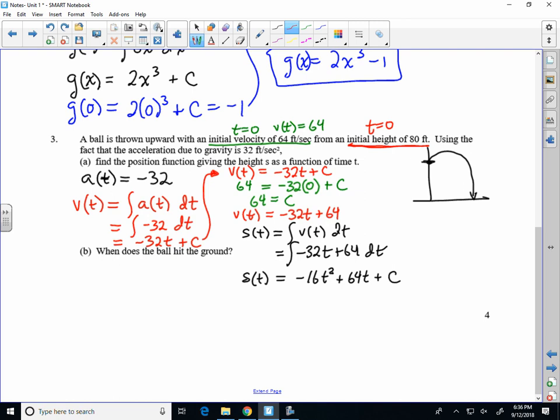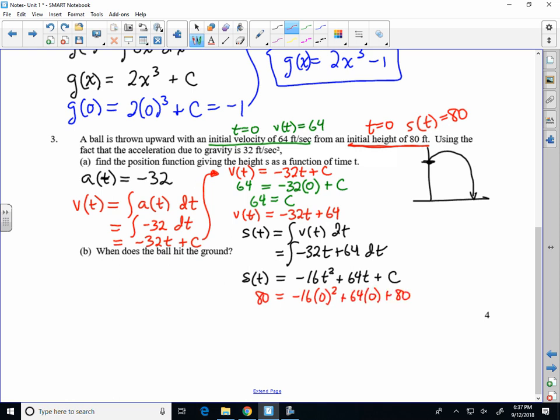Height, we're abbreviating with S. All right, so S of t would be 80 when t is equal to 0. So S of 0 is 80. 80 equals -16 times 0 squared plus 64 times 0 plus 80.